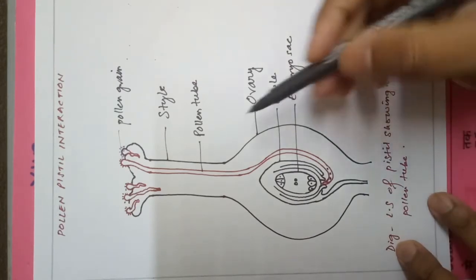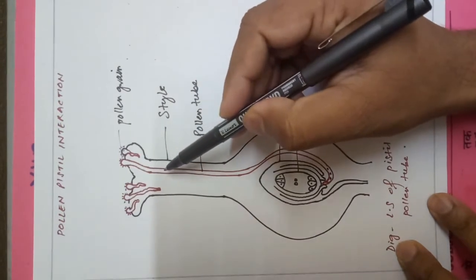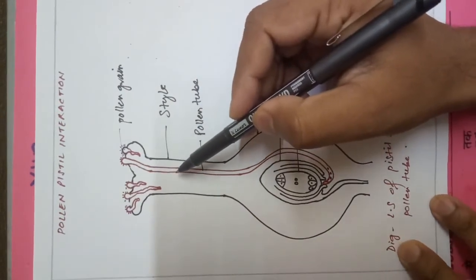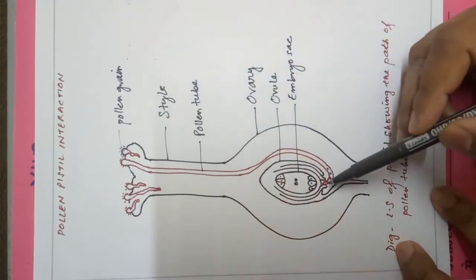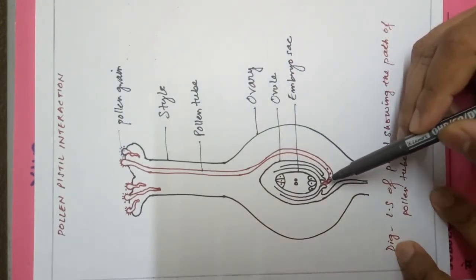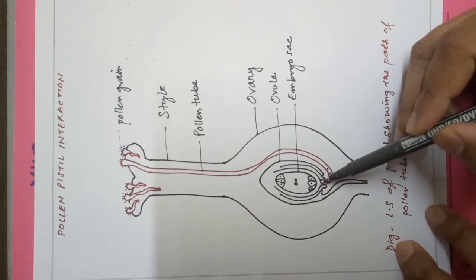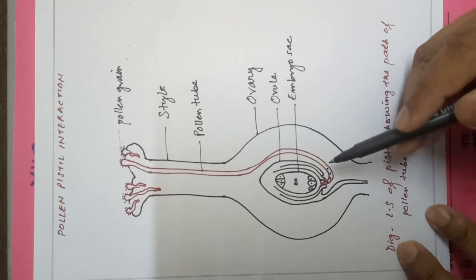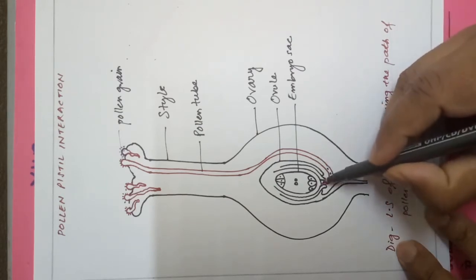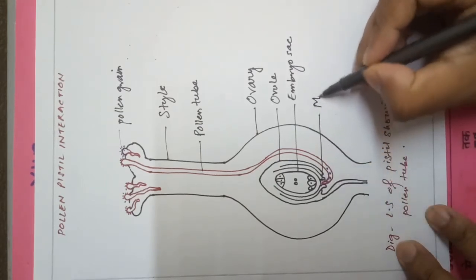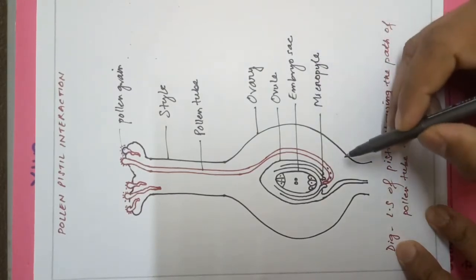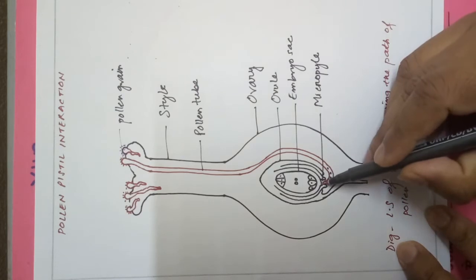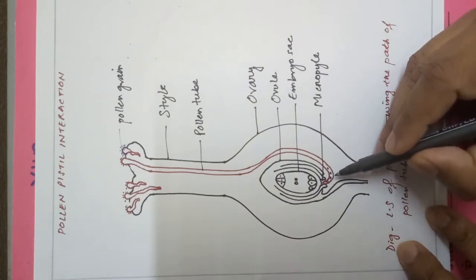Now students, this pollen tube will make its way all through the style, all through the ovary, and will reach up to the ovule. Now you know that there is an opening in the ovule here where the integument is absent. I hope you remember this opening is called the micropyle. So through this opening the pollen tube will enter the ovule.